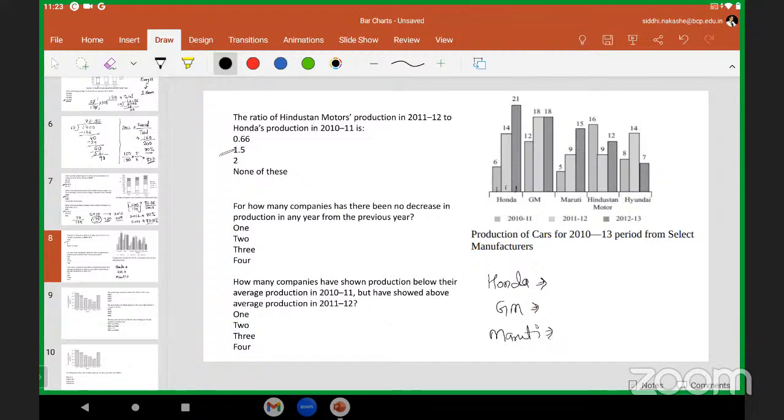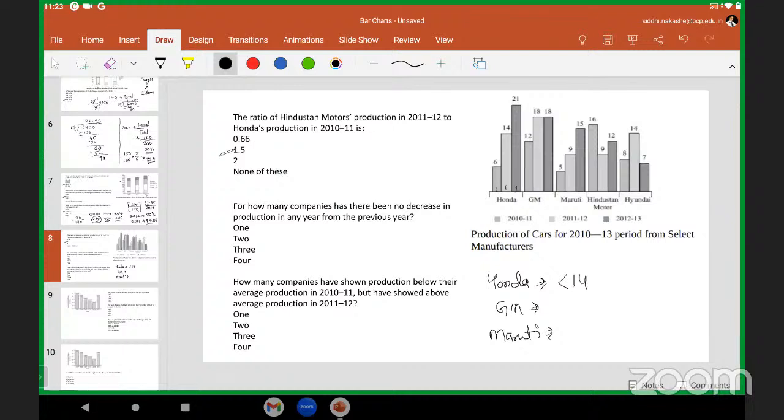For Honda, the average is 14 plus 6, that is 20, and 20 plus 21, that is 41. So we divide 41 by 3. 42 divided by 3 is 14. So the value should be less than 14 as an average.